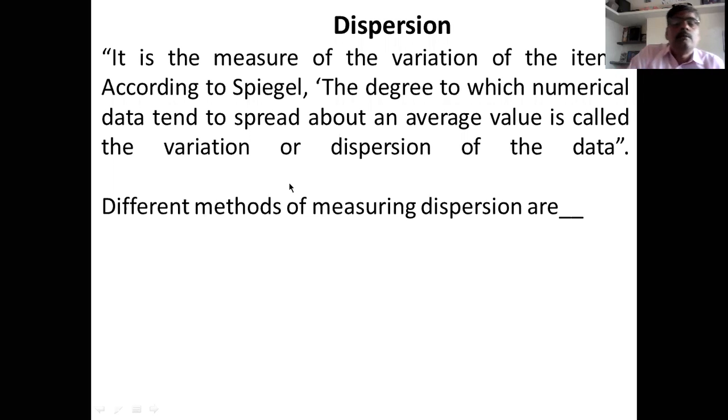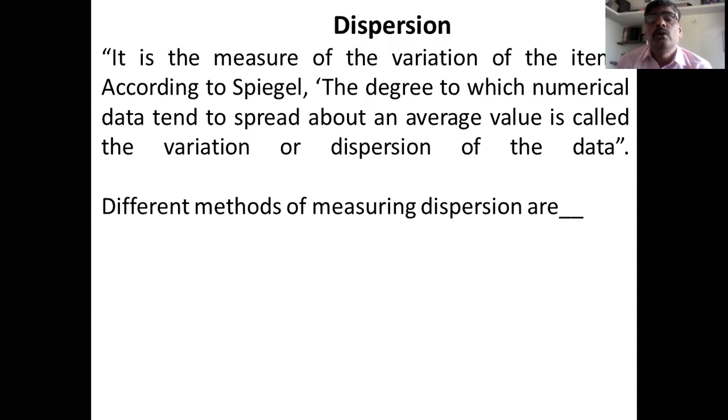The next is different methods of measuring the dispersion. There are 2 methods of measures. One is absolute measure, another is relative measure. Absolute measure of dispersion is calculated on the basis of absolute unit of measurement, which means absolute number.